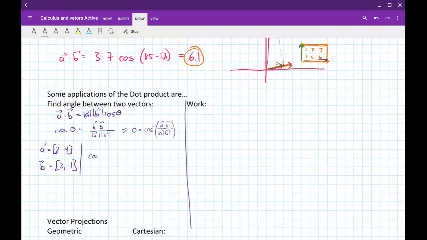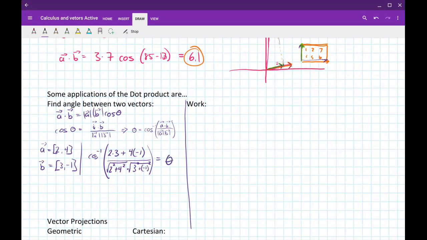It's the cosine inverse of A dot B, which would be 2 times 3 plus 4 times -1, over the magnitude of A, which is the square root of 2 squared plus 4 squared, times the magnitude of B, which would be the square root of 3 squared plus -1 squared. And this is the angle between the two vectors.